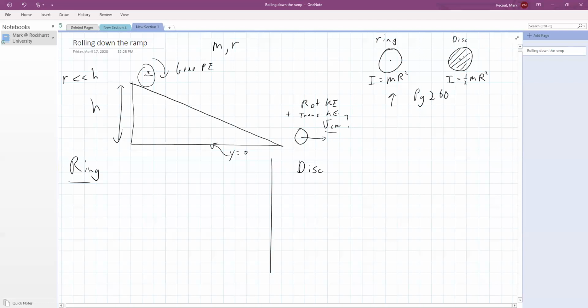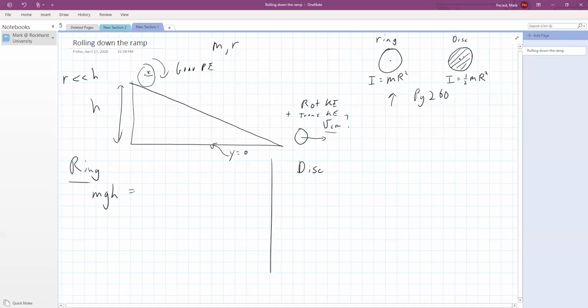Okay, so let's go ahead and set up our equation. Now that we know what energies are converted to what, we can write our equations that tell us that precisely. So the gravitational potential energy for this should be mgh.